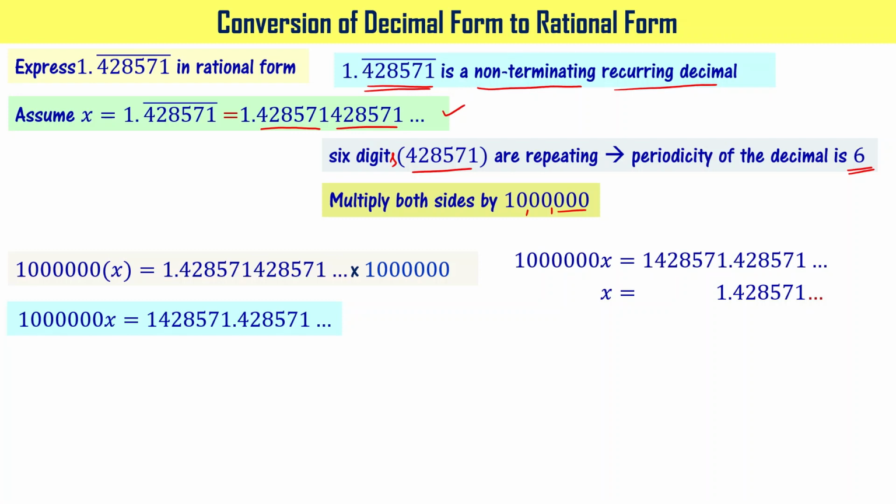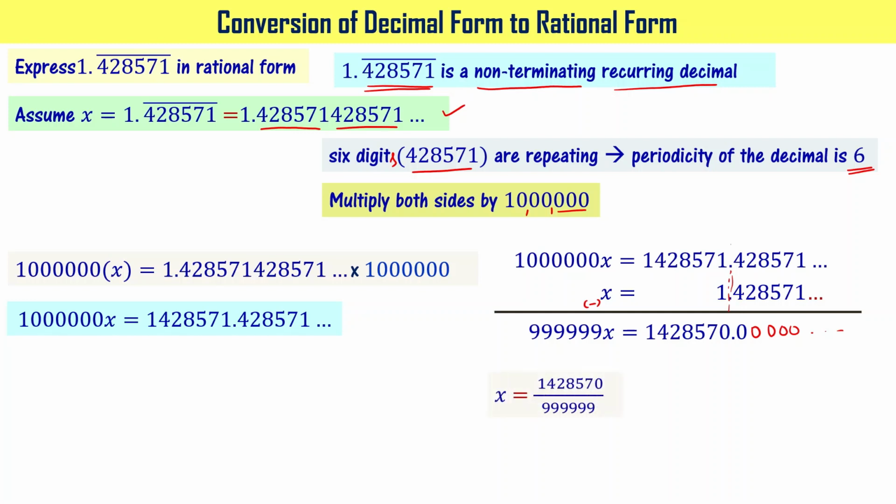You see, when I want to subtract, I keep the dots exactly on one vertical line, right? When you subtract, this side becomes 9,99,999x, and this side it is going to be 1428570.0.